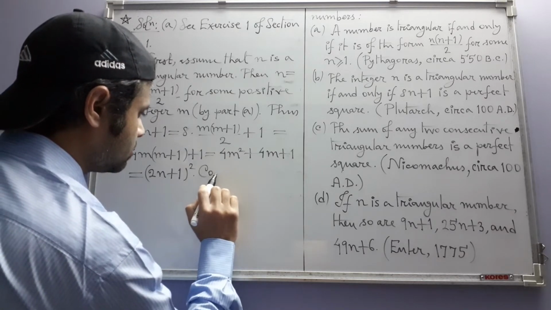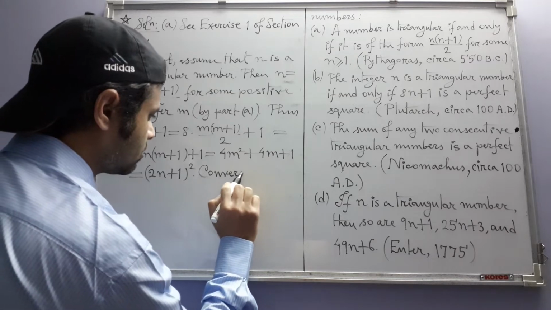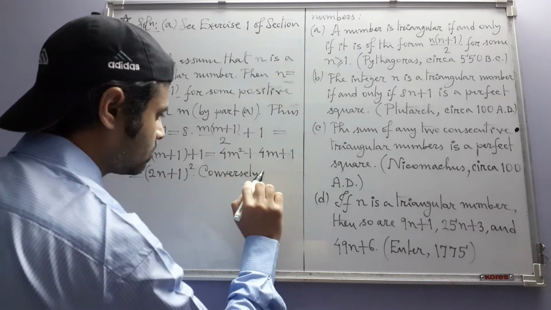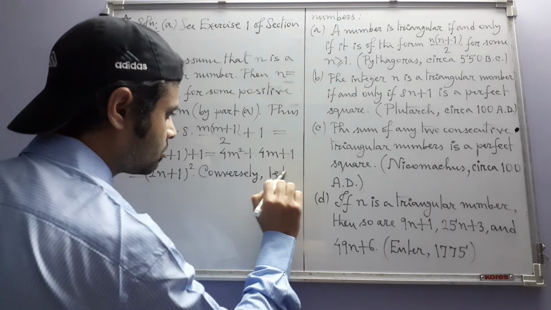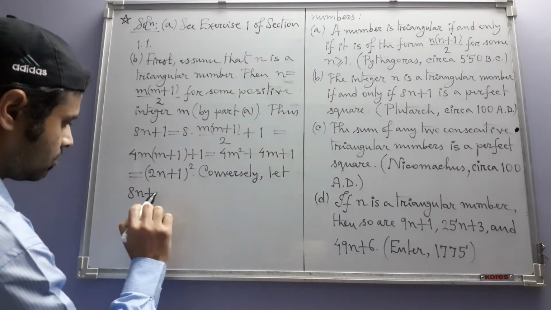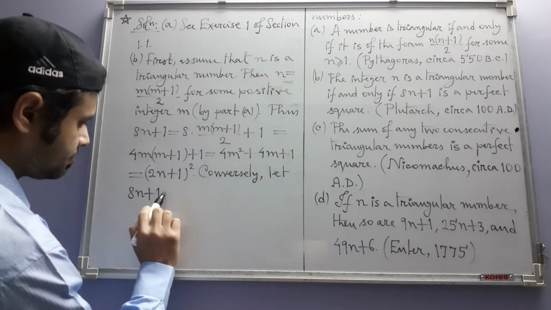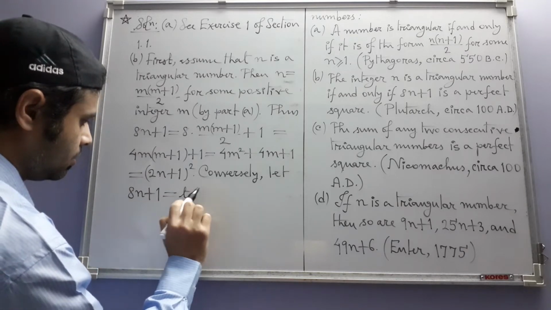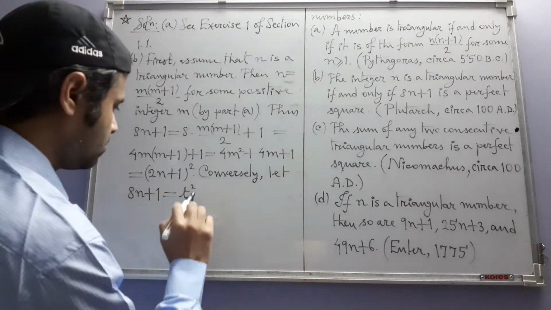Conversely, let 8n plus 1 be equal to t square.